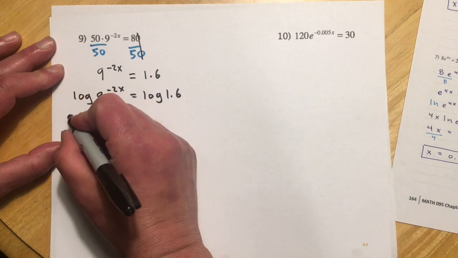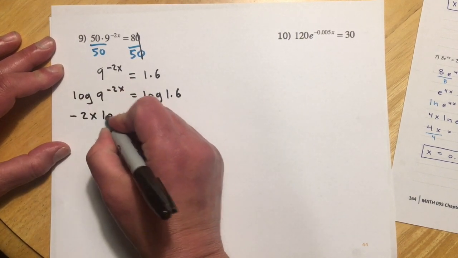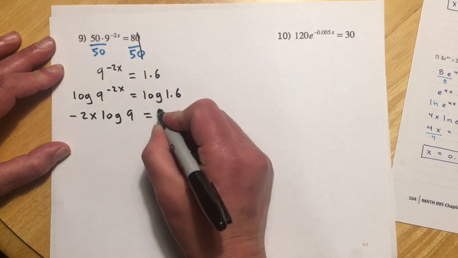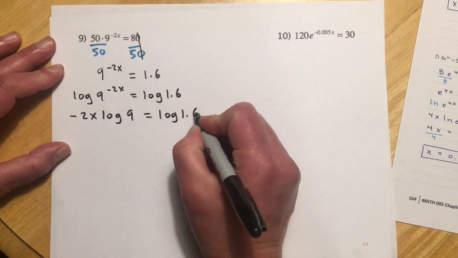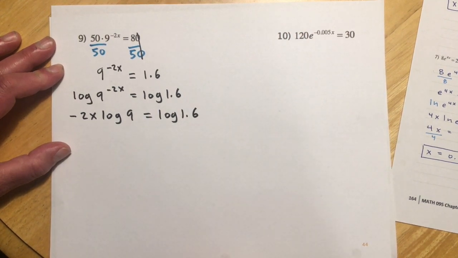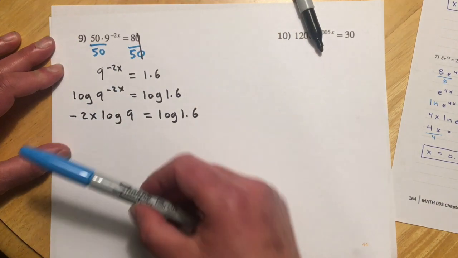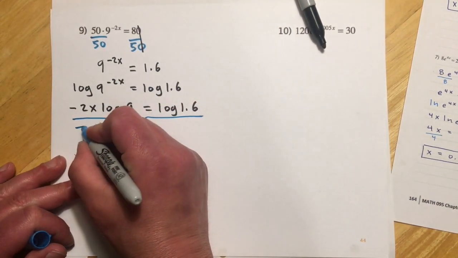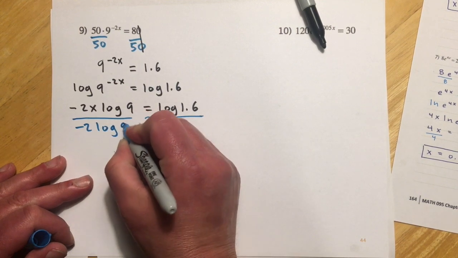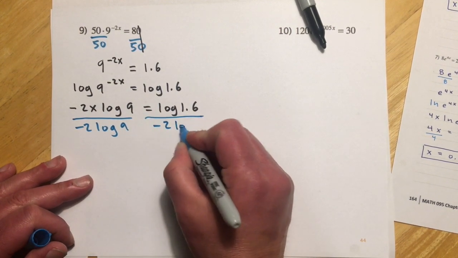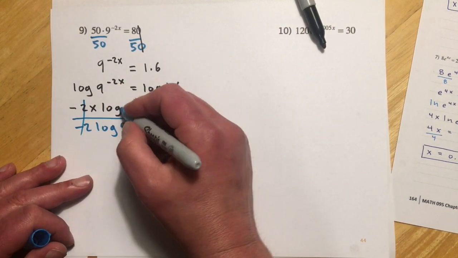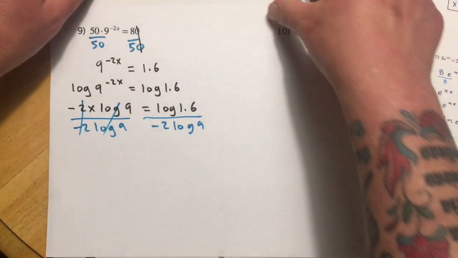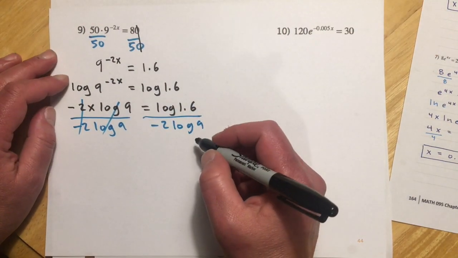And then bring the exponent down front. And then divide out everything except the x. So negative 2 log 9, and same on this side. And all that cancels. And again, just got to get that in the calculator.